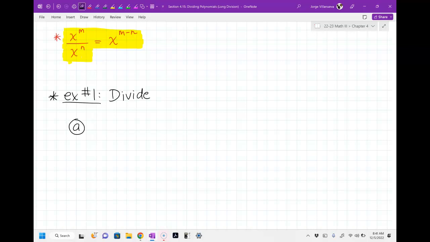If I write something like this out, all your problems will look similar to this. 4x to the 4th minus 6x to the 3rd plus 3x to the 5th divided by, we'll say, 2x squared.